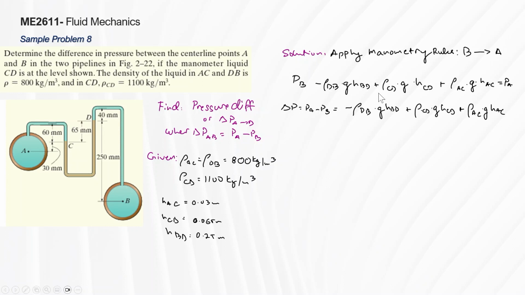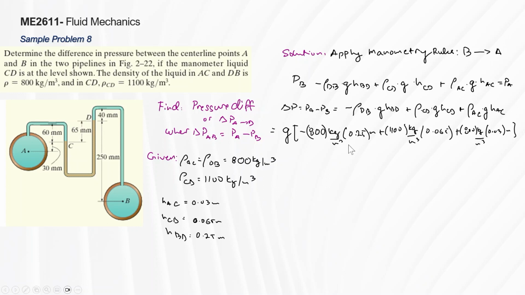May natin dito PB or yung PA minus PB. So pinaliktad ko lang naman yun, equals to negative density DB times G HBD, tapos density ng CD G HCD plus density AC G HAC. So substituting yung mga values ito, in-equate ko lang sa labas yung G, so yung 9.8266. Kaya ako sila mag-compute.